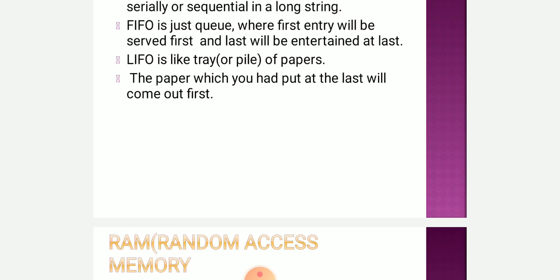A LIFO is like a tray of papers. As an example, I put all the books, so here I first take out the last book. The first entry I put in is the last one out. Last in, first out.